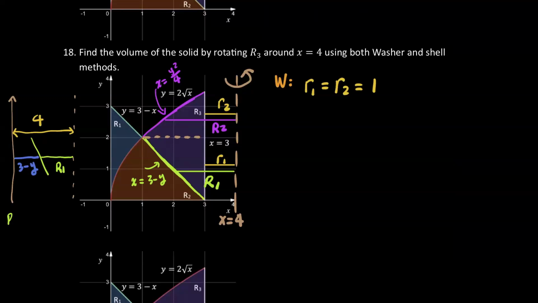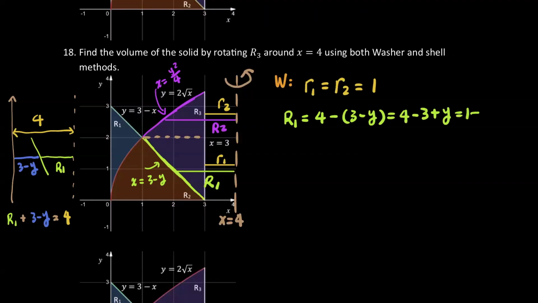So from the picture, you can see that R1 plus 3 minus y is equal to 4. The blue plus green is the gold color. So R1 is 4 minus the quantity 3 minus y. And when we simplify, we get 1 plus y.